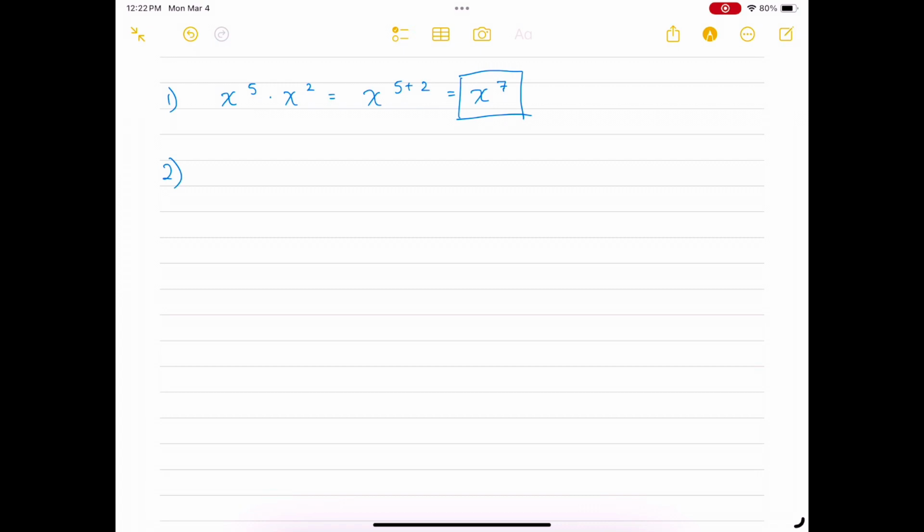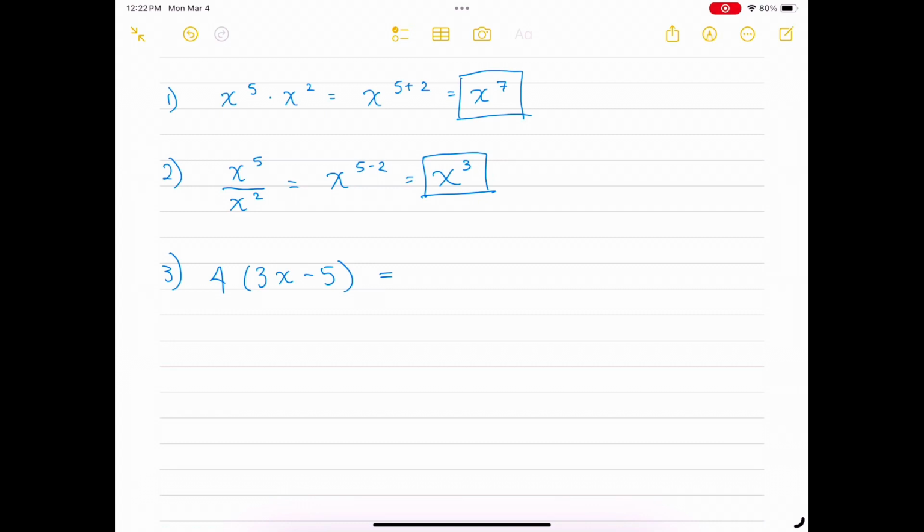Problem number 2, x to the 5th power over x to the 2nd power, or x to the 5th power divided by x to the 2nd power, equals x to the 5 minus 2 power, or x to the 3rd power.